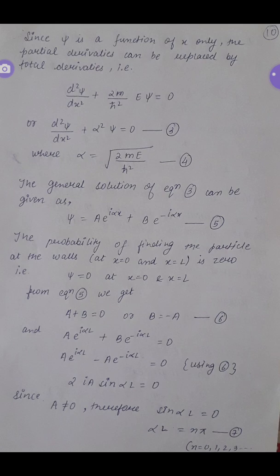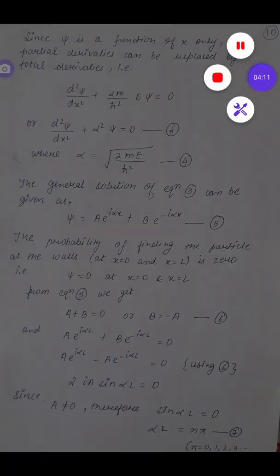Then we get 2 iota A sin alpha L is equal to 0. We know that A is not equal to 0, therefore sin alpha L is equal to 0. Alpha L is equal to n pi, where n is equal to 1, 2, 3, 4.